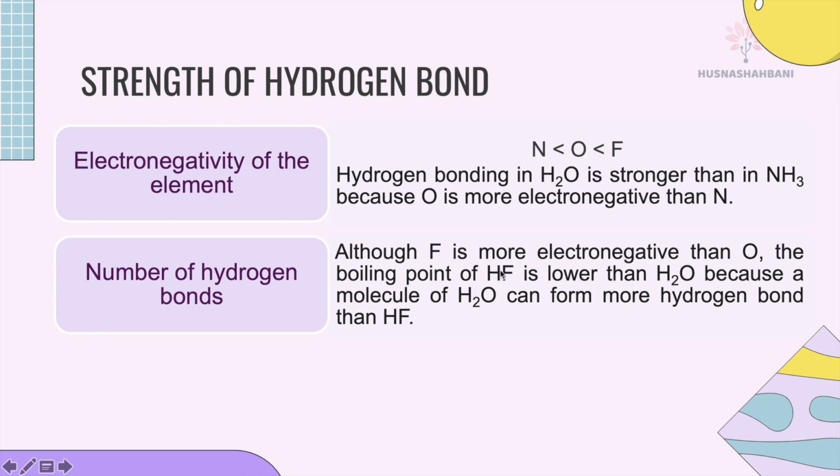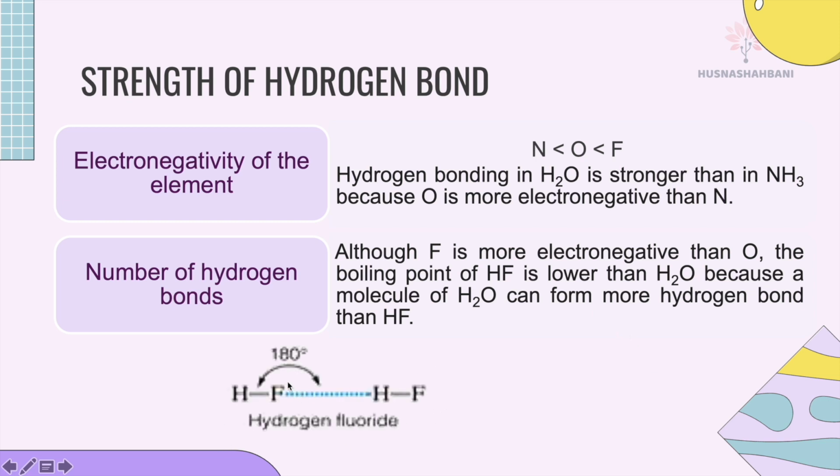So here F is more electronegative than O. So suppose this hydrogen bond is stronger than the hydrogen bond in water, but if you look at the boiling point, HF boiling point is lower than H2O because the molecule of H2O can form more hydrogen bonds than HF. So that's why the HF boiling point is lower than H2O even though F is more electronegative than O.